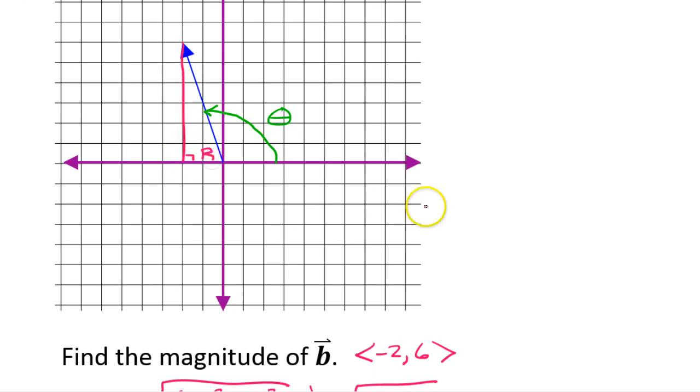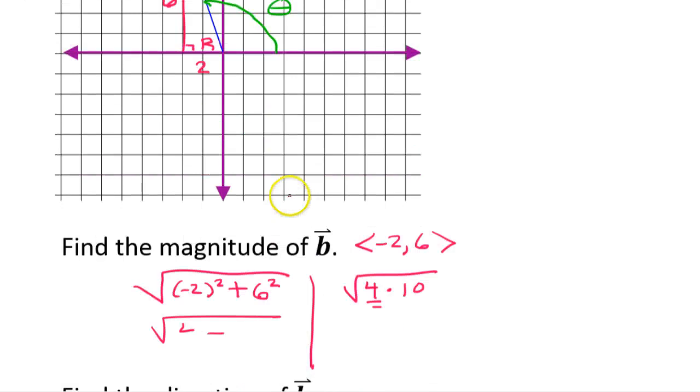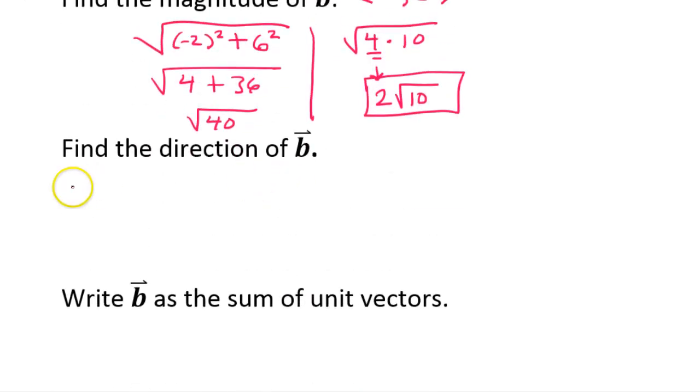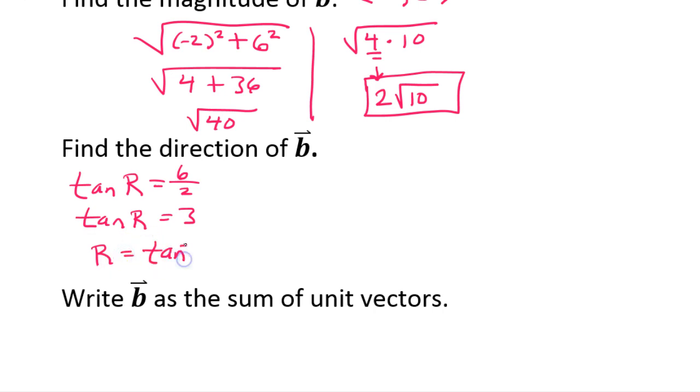I will call it R. And remembering that this has a length of 2 and this has a length of 6, the tangent of R is 6 over 2. In other words, the tangent of R is 3. So therefore, R will equal the inverse tangent of 3.